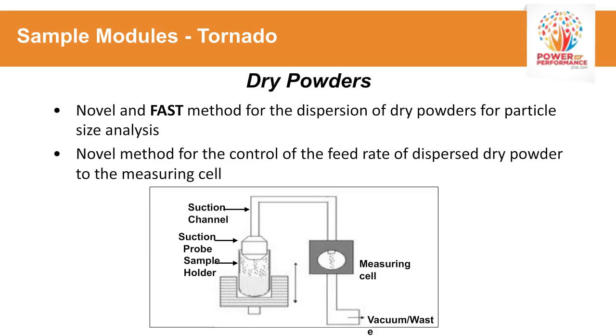And basically, in detail, how it works is you have an up and down platform that the sample module is positioned on. This platform rises and lowers. You have a fixed position suction probe, and as the platform rises, the powder starts swirling around, and I'll have another picture in a moment, a little closer of the vortex nature that's taking place. But the powder gets pulled up, flows through and down through a measuring cell.